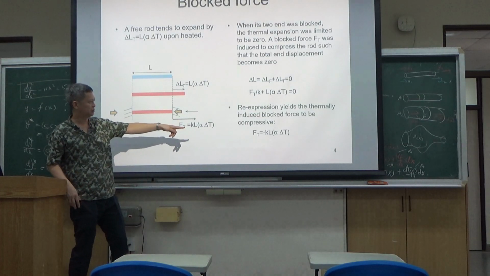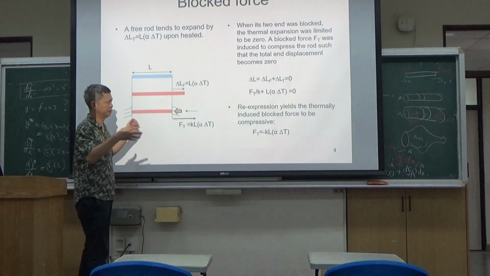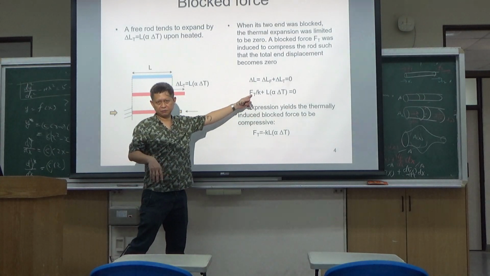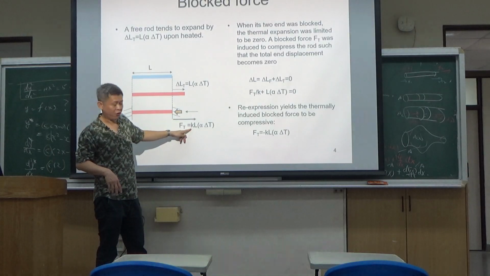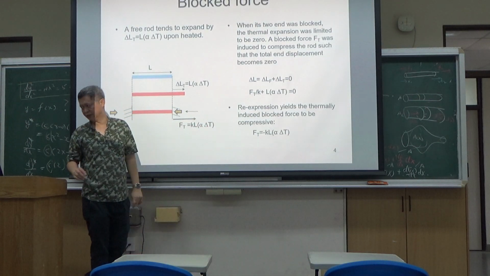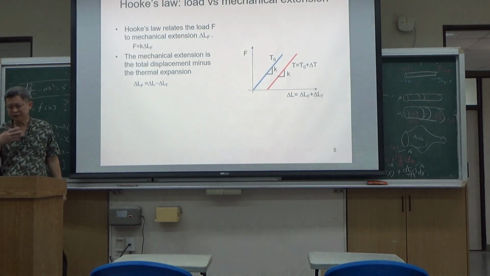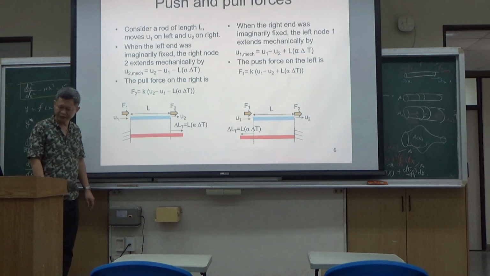The pulling force is opposite of the block force. Block force is a compression, and the equivalent pulling force is the spring constant times length times the thermal strain. Okay. So this is how the external loading can be. Okay. And then next.